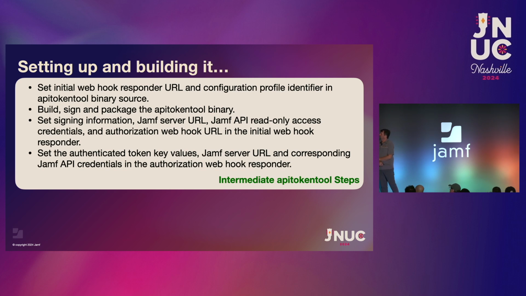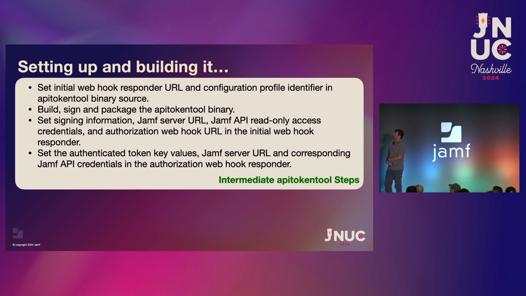On the intermediate API token tool steps, you're going to set the initial webhook responder URL and the configuration profile identifier in the binary source. You're going to build and sign that.